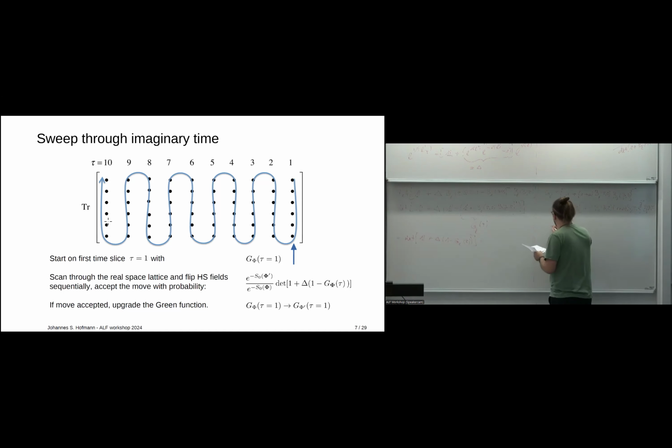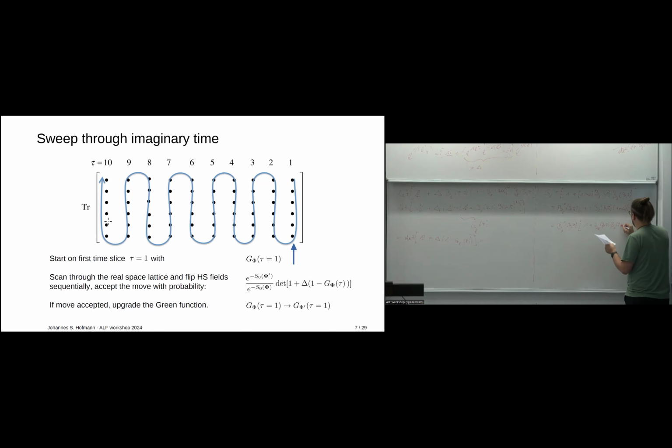So continuing this, I have BL inverse beta tau, 1 plus BL beta tau. So I'm collecting the one term, BL tau 0.